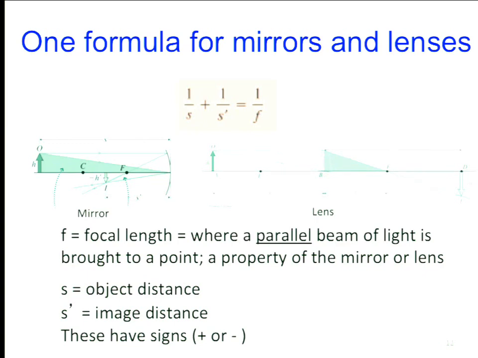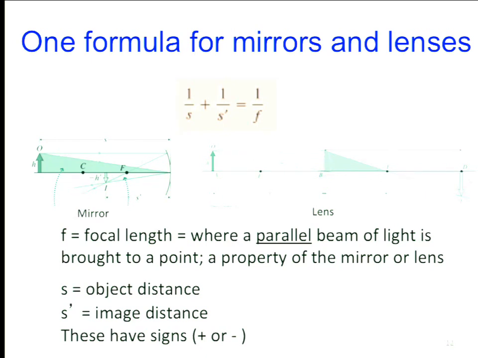But if you were to think of a curved mirror, that's what I would think of first off. The standard case is the object over here, the image over here on this side of the mirror, and that's all positive. Object, image, shape here, that's all positive. So you have S, S prime, and F, all positive in the standard case.